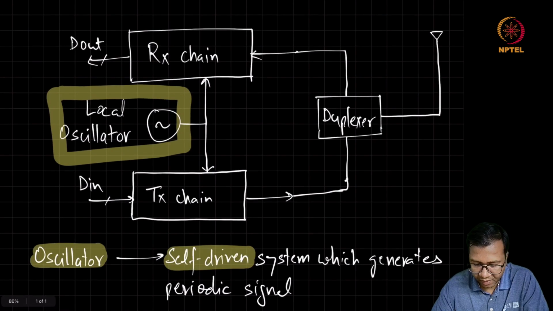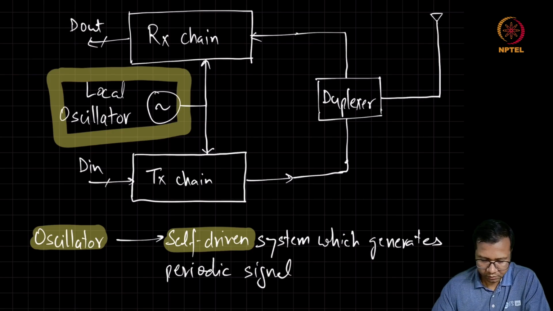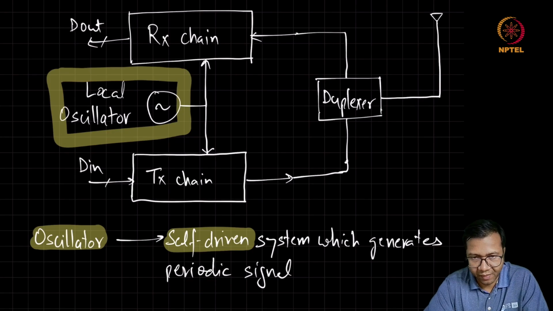When we talk about an oscillator, we are mainly interested in the accuracy of this periodicity. So we want the oscillator to have very accurate frequency or time period.